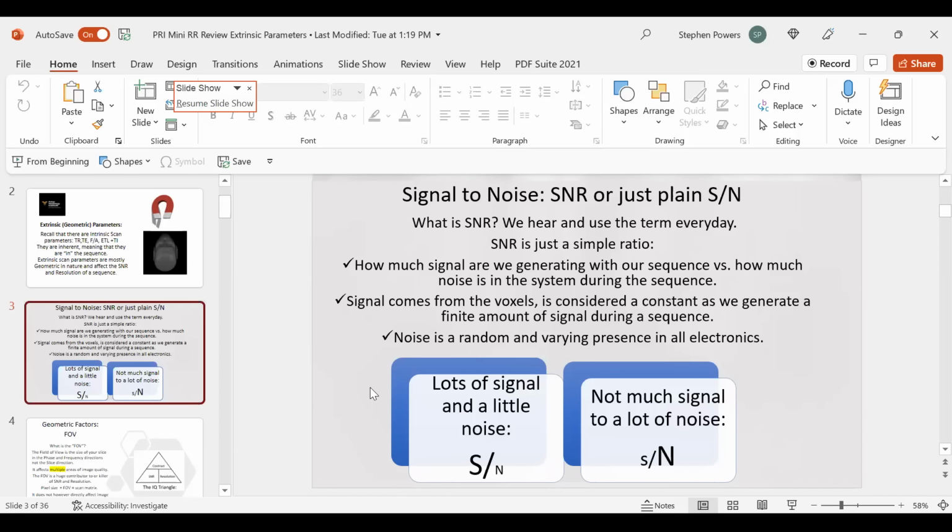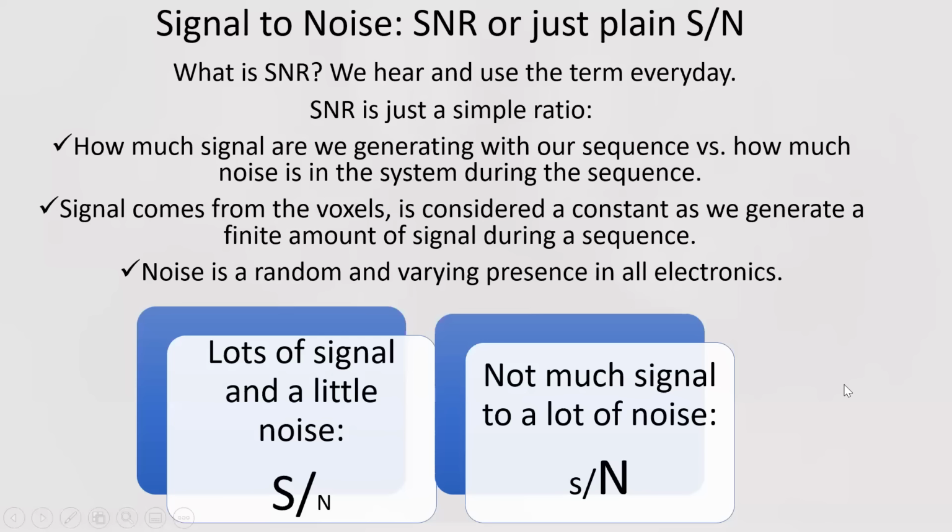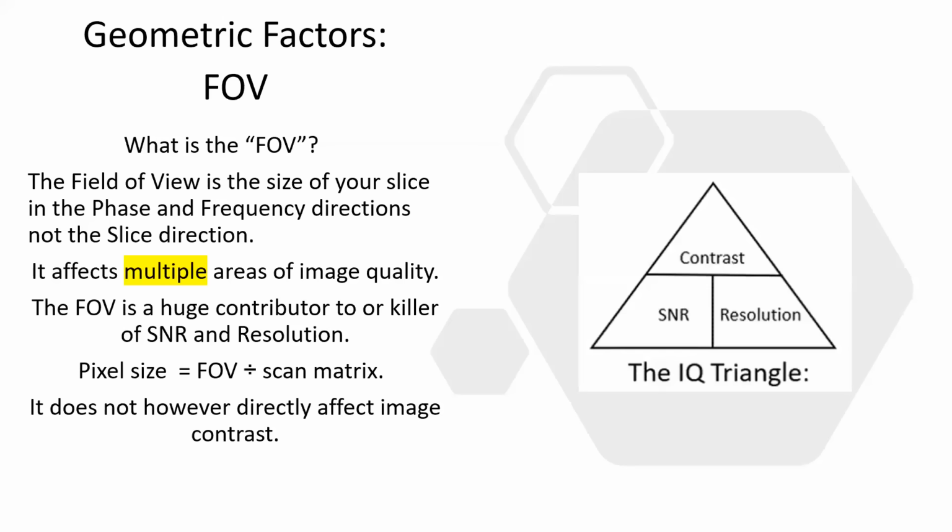So signal is what we generate. It's basically considered a constant for that sequence. Okay, and we are going to have noise in the background. It's what all electronic equipment does. So we want high signal and low noise, ideally. Okay, so then, all right. So your field of view is a big killer or contributor to signal to noise.